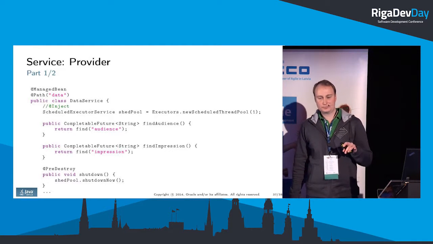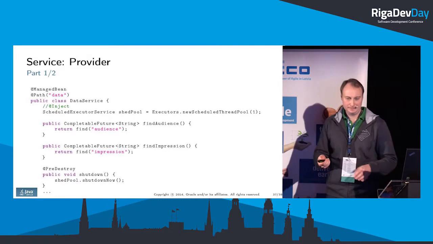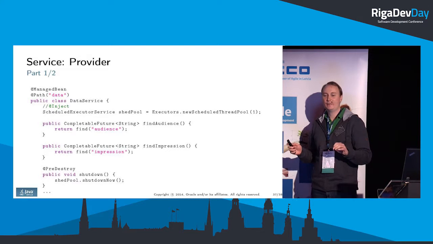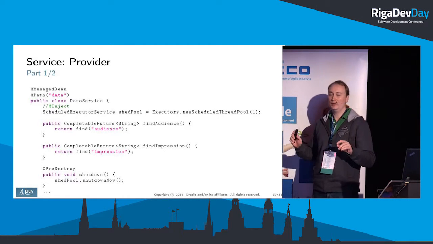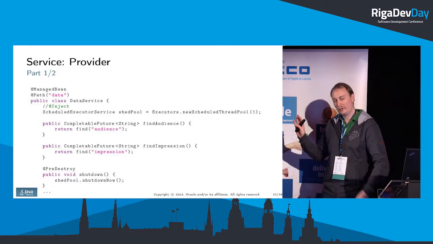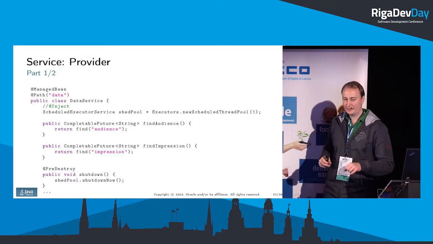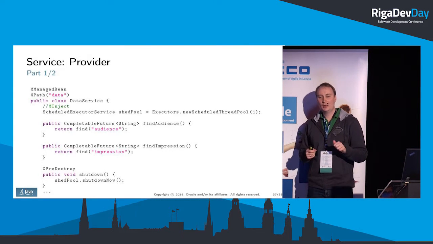So the data service consists of some pool. It's required. It will be required next. It has two methods that return CompletableFuture of string.